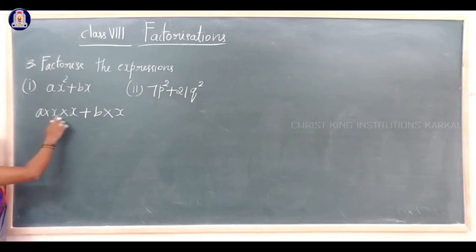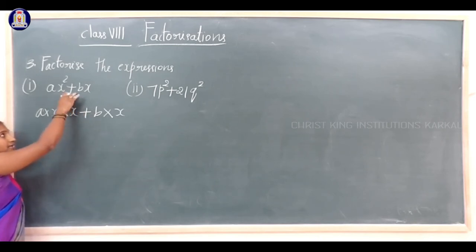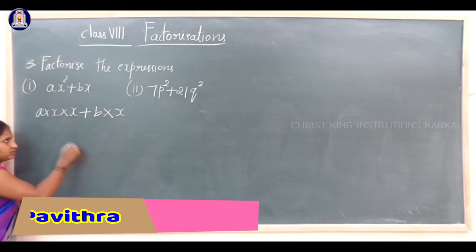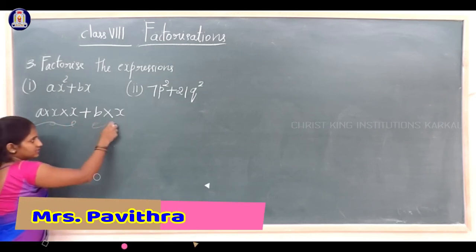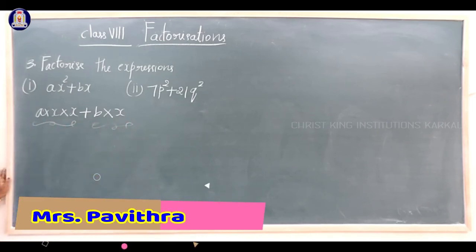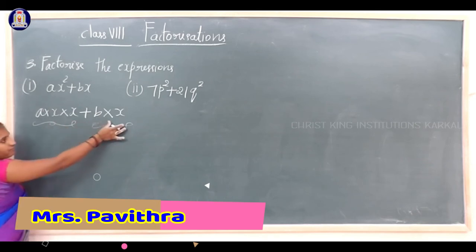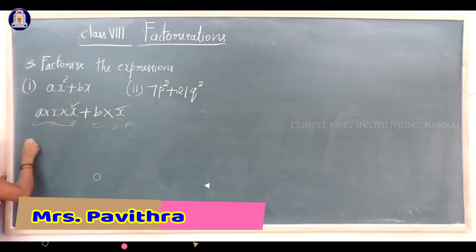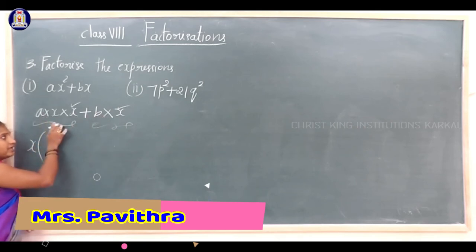Okay. Now a into x plus b into x. So this is one term and this is another term. So in this the common factor, the same factor, is x. So you can take x outside, isn't it? Yes. Is there any other common factor? No, only one common factor, that is x. So if you take x outside, what are the remaining factors?